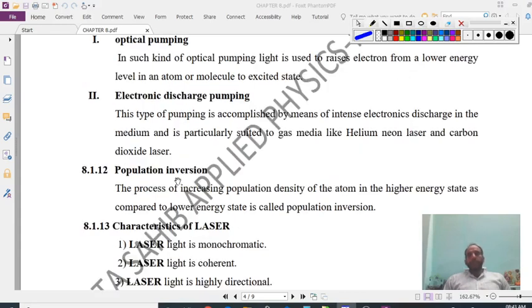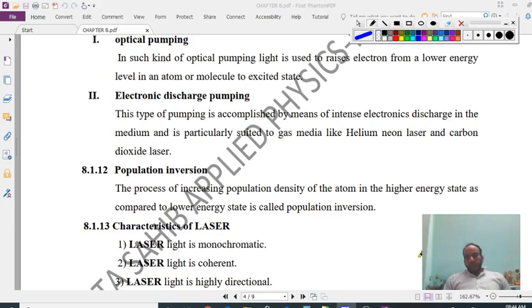Next is population inversion. Population inversion is a very important condition for laser action to take place. The process of increasing the population density of atoms in the higher energy state as compared to the lower energy state is called population inversion.